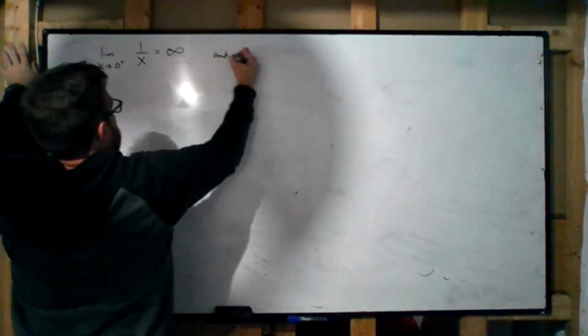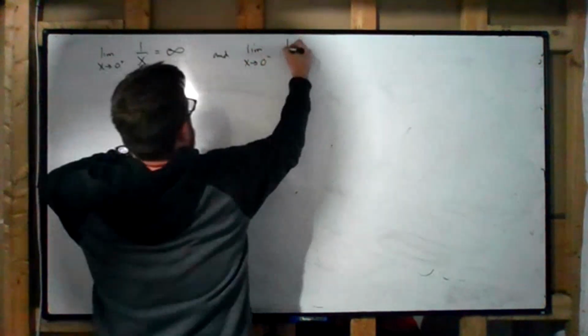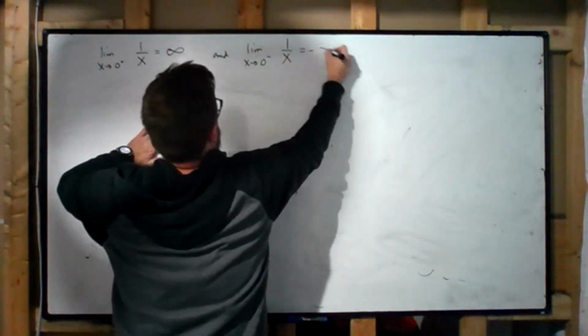So if I ask you this, basically it's a vertical limit. The limit as x approaches 0 from the positive side of 1 over x is equal to infinity, and the limit as x approaches 0 from the negative side of 1 over x is equal to negative infinity.